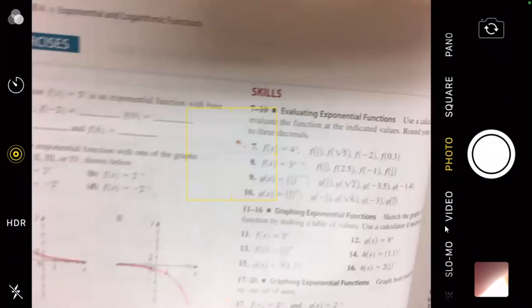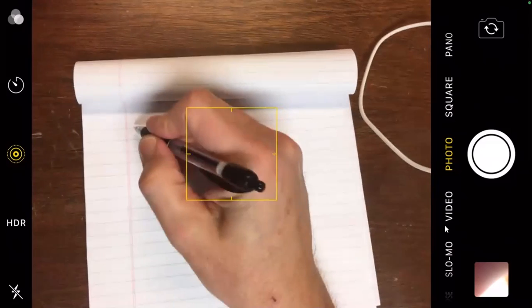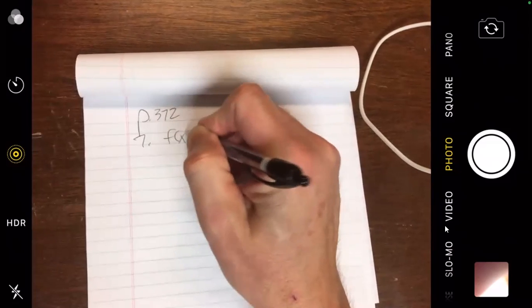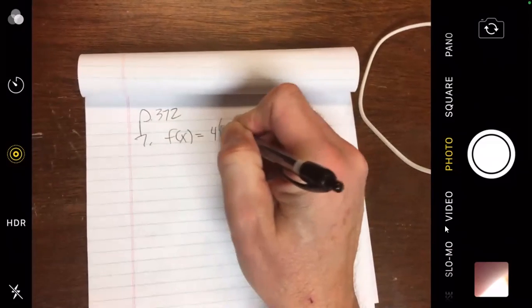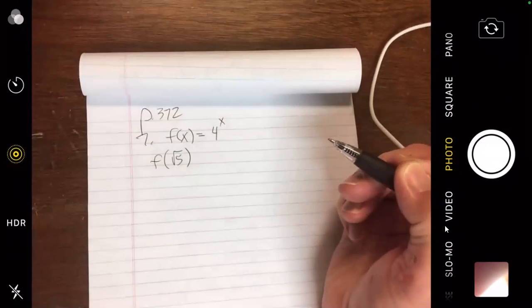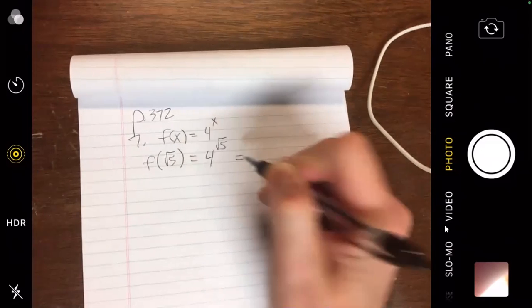Number 7, first homework, 4 to the x. I think I did f of 1/2 in the video. So I'll do the next one, f of √5. 372, number 7, f of x, 4 to the x. Let's say f of square root of 5. So we would want 4 raised to the square root of 5 power.